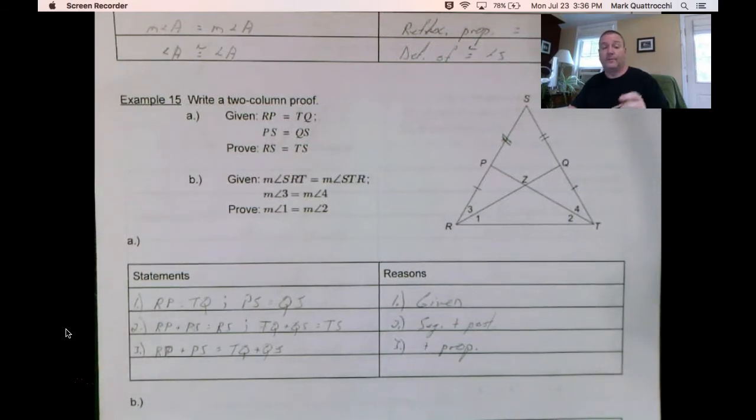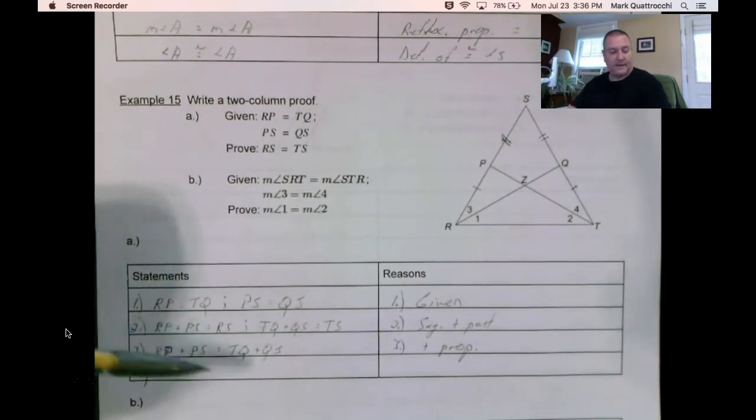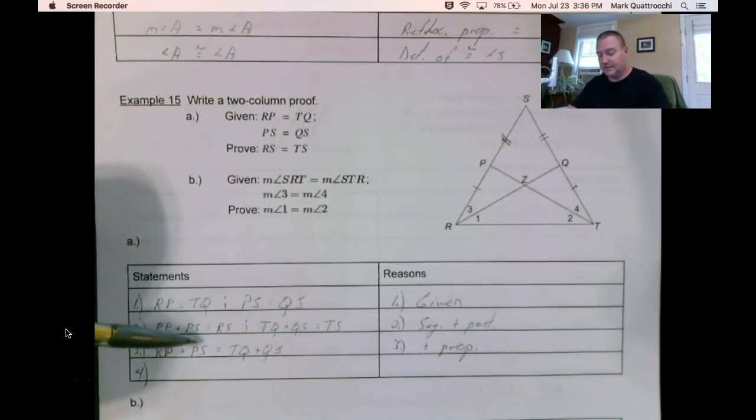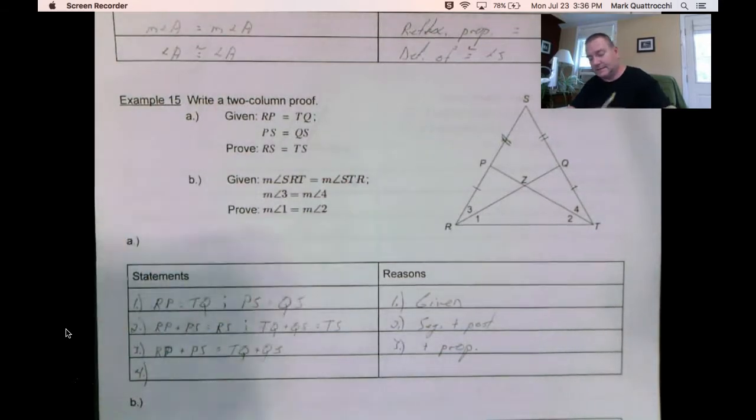In a flow proof, it would be shown that this came from this by arrows, and you would see no arrows connecting statements 2 and 3 at all, because they're not connected. You would see arrows coming from statements 2 and 3 combining to give us this statement 4, because we're going to replace RP plus PS with RS, and TQ plus QS with TS.